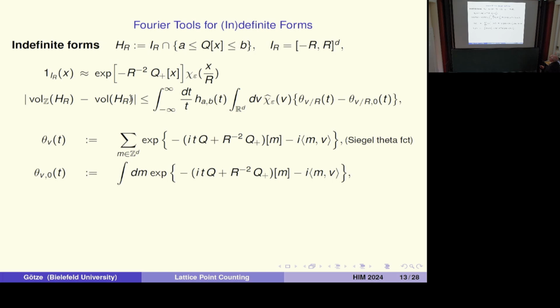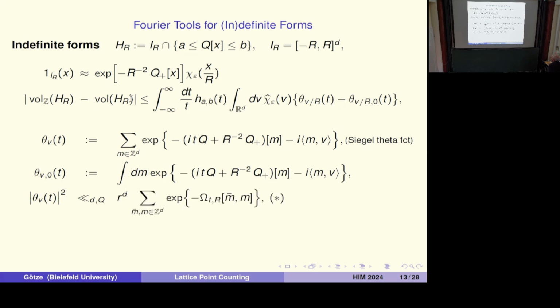This is the Q plus, the real part of Q, the positive part of Q, and there's some linear term here. And it is compared with the same expression, but not in the sum, but in the integral. So what you do is you have to integrate this thing over these two variables, the shift v and the frequency t.